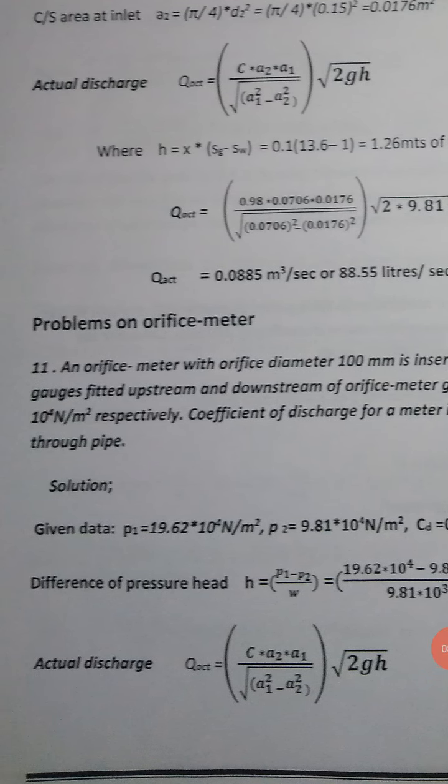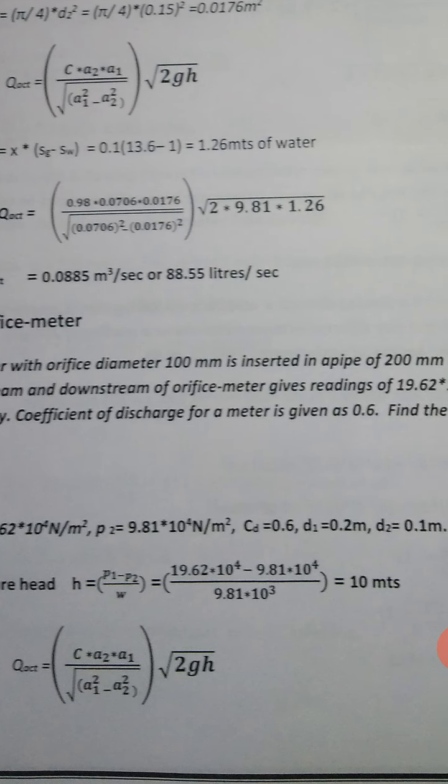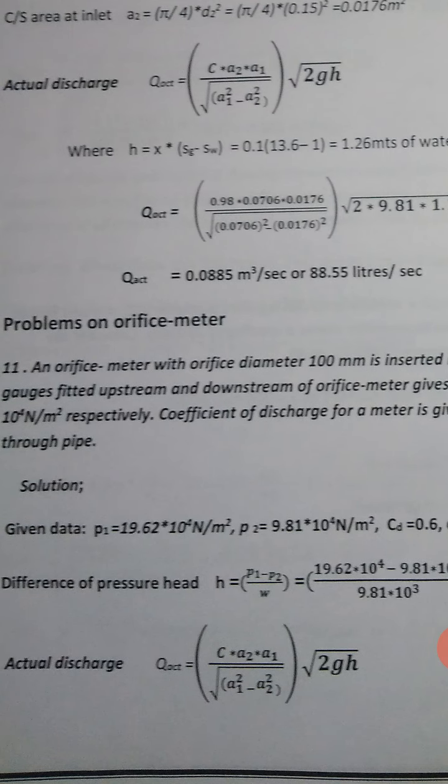First you have to find the pressure head difference H equals P1 minus P2 divided by W, that is 19.62 into 10 raised to 4 minus 9.81 into 10 raised to 4, divided by 9.81 into 10 raised to 3 Newton per meter cube, that is 10 meters.